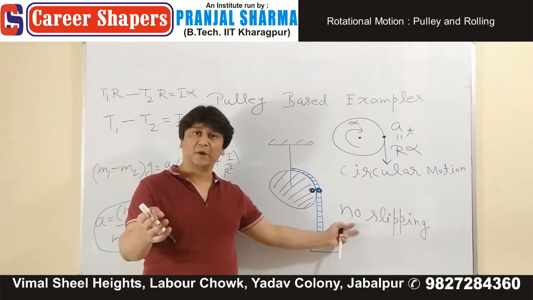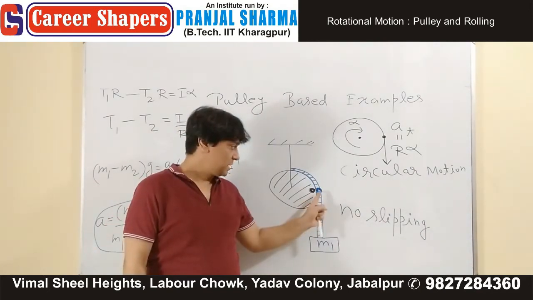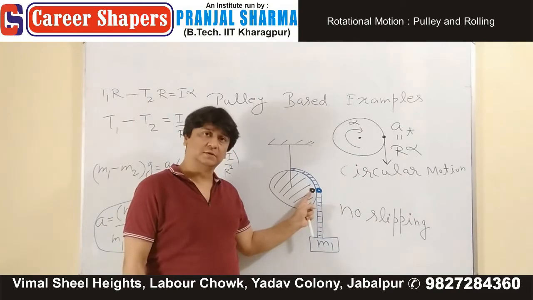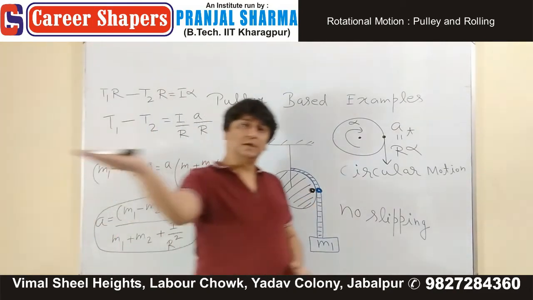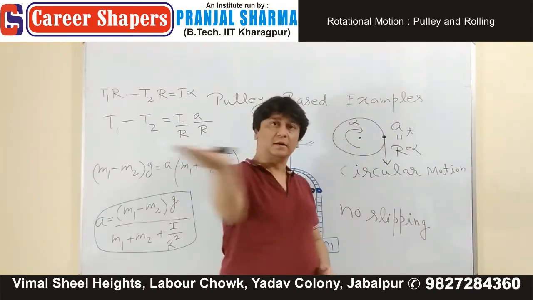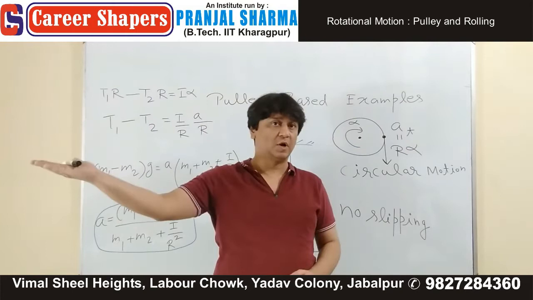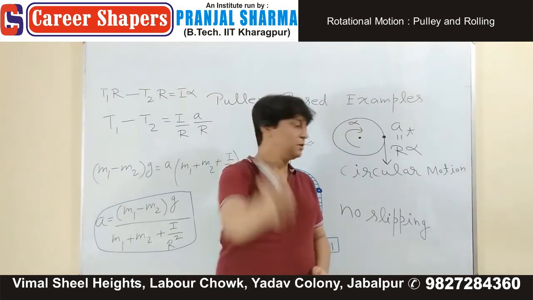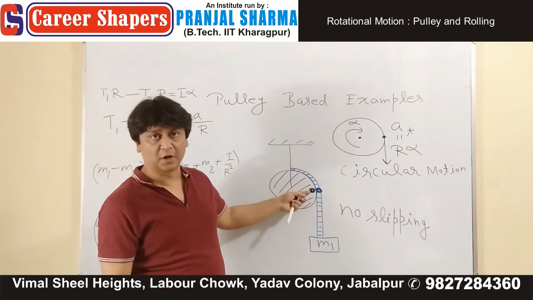There is no slipping because friction is sufficient. If this marker is moving along with my hand and no slipping takes place, then they both have the same acceleration. So this blue point and this black point have the same acceleration.